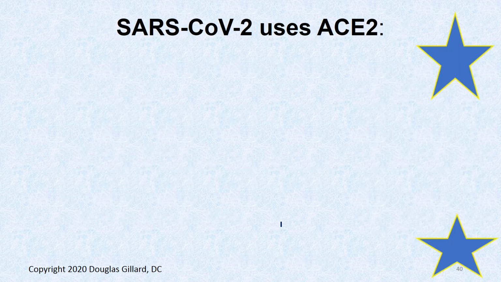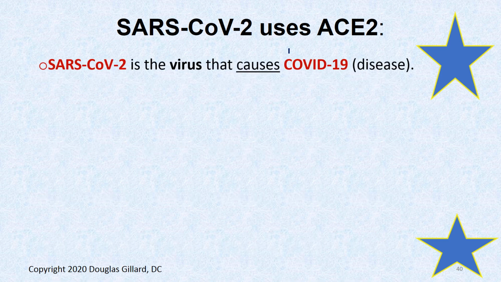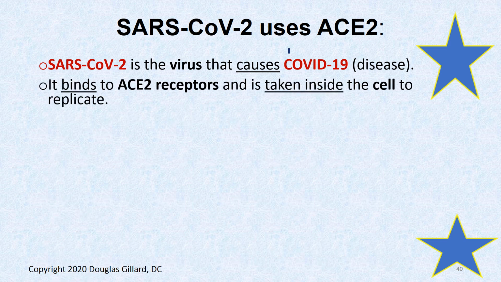So very cool. So how does SARS-CoV-2, the virus that causes COVID-19, get in? It uses ACE2. That's how it gets into the body. It binds to ACE2 receptors, and it swallows.